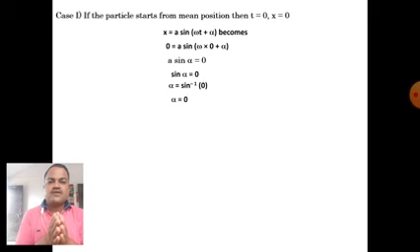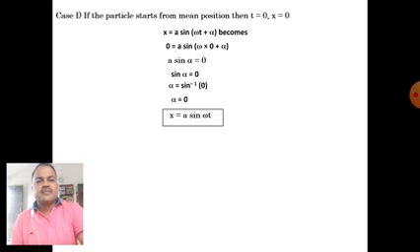If the value of alpha is positive, then the particle moves to the positive extreme position. If alpha becomes negative, then the particle initially starts from mean position, but after that it will move towards the negative left side.